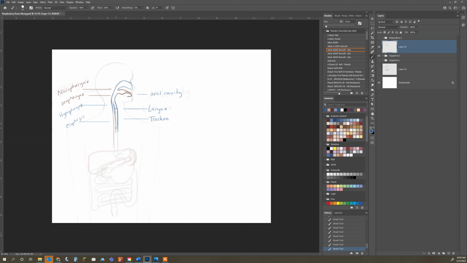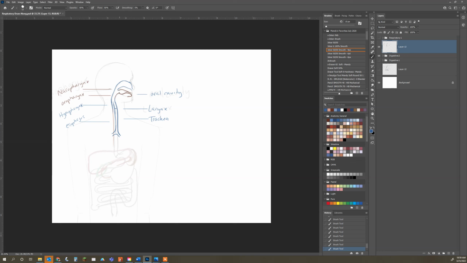The trachea is going to come down, and it's going to split into a right and a left bronchus. We'll look at that more in a second. So it comes down here and it splits. Let's stay up here in the throat for a second.